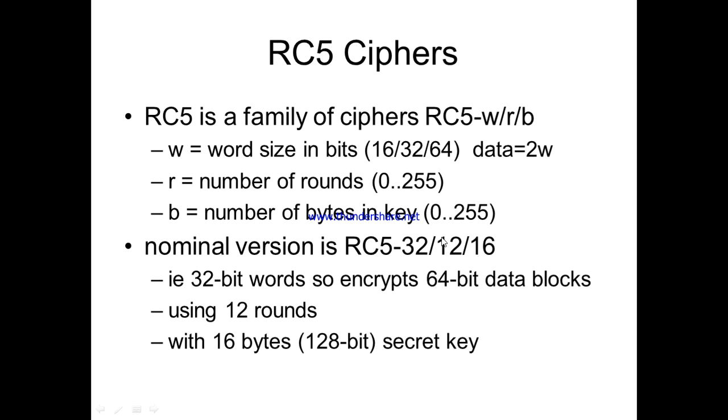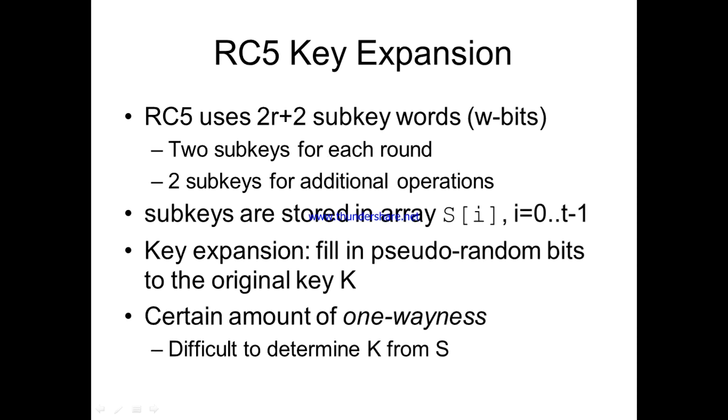The number of rounds can vary from 0 to 255, but the nominal version uses 12 rounds of RC5 with 16 bytes of secret key. 16 bytes means we are using a 128-bit key. So those are the basic characteristics.